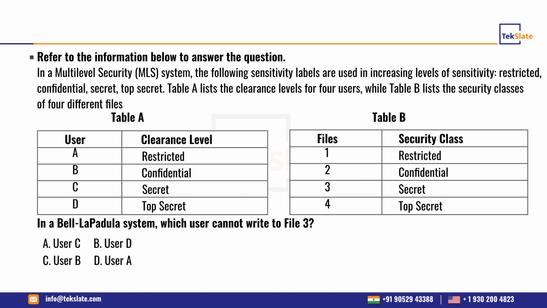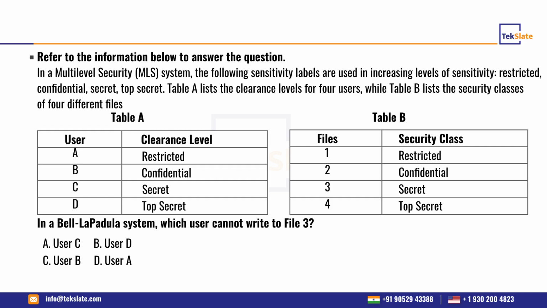Okay, now which option is correct? We have users A, B, C, D, and file 3. According to sensitivity level, restricted, confidential, secret, top secret are the levels. The top secret is the higher one, then secret, then confidential, and then restricted.